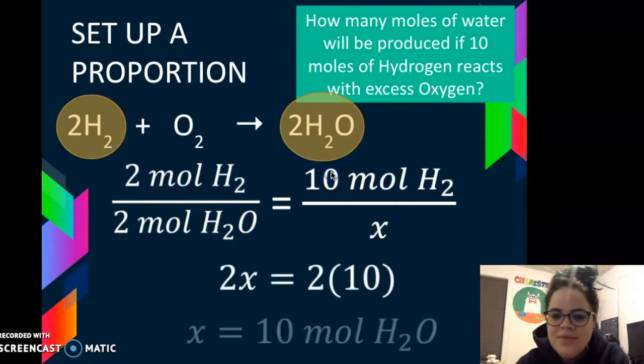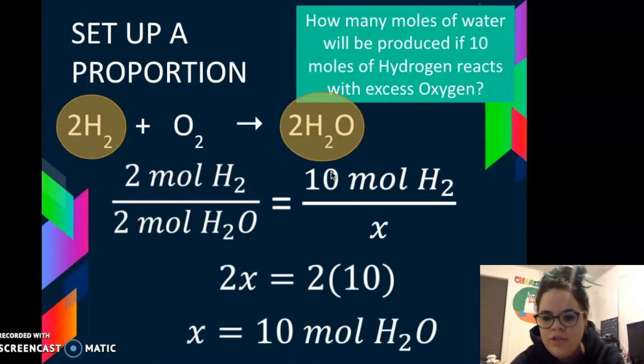Final answer is 10 moles of water. Now you can also ask yourself, does this make sense? For every 2 moles of hydrogen, I get 2 moles of water. That is a 2 to 2 or a 1 to 1 ratio. So if I start with 10 moles of hydrogen, I'm going to get the same number of moles of water.